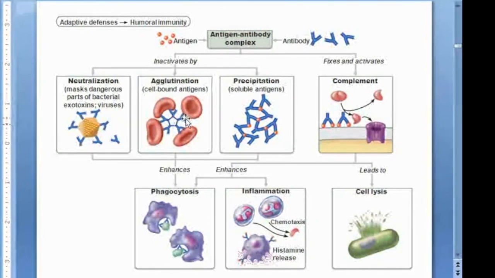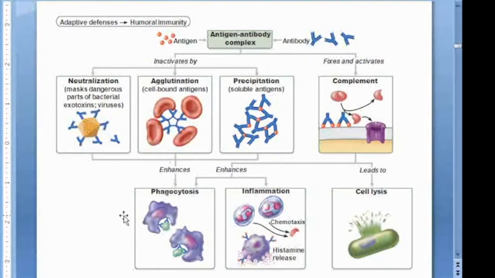That clump is easier to phagocytize. And, simply put, antibodies can cover the entire outside of a pathogen. And so they'll neutralize the pathogen, render it harmless, and of course, once again, that marks it for phagocytosis.